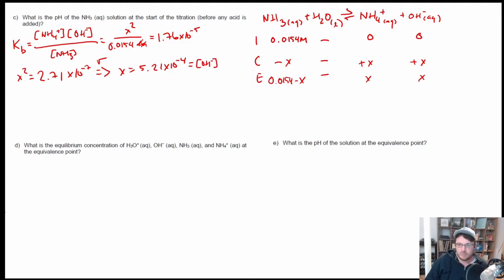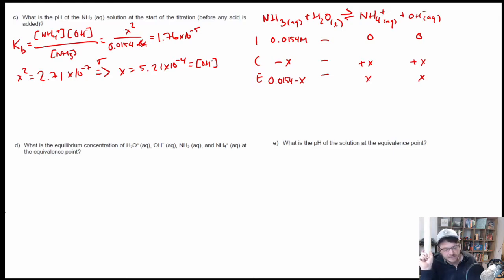So what we can do now is simply calculate pH. The easiest way for me to calculate pH from an OH concentration is to think about the fact that pH plus pOH has to equal 14. That's the relationship between those two.